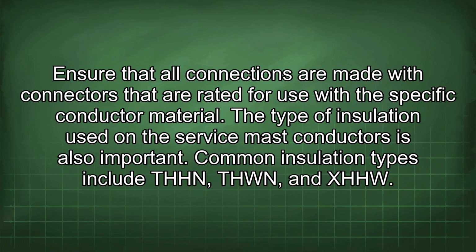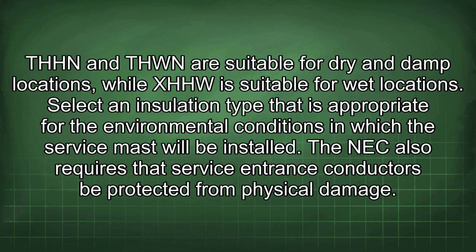The type of insulation used on the service mast conductors is also important. Common insulation types include THHN, THWN, and XHHW. THHN and THWN are suitable for dry and damp locations, while XHHW is suitable for wet locations. Select an insulation type that is appropriate for the environmental conditions in which the service mast will be installed.